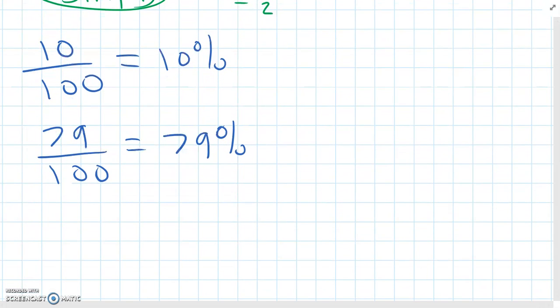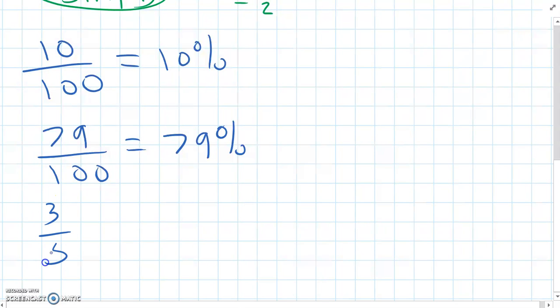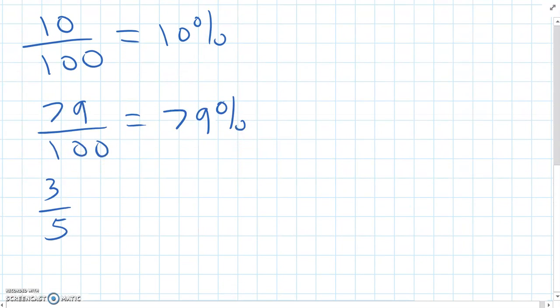But if a fraction is not over 100, so if we have 3/5, all we need to do is make that denominator equal 100. So make an equivalent fraction, and we've practiced this a lot before. How do we make 5 become 100? We can multiply 5 by 20.